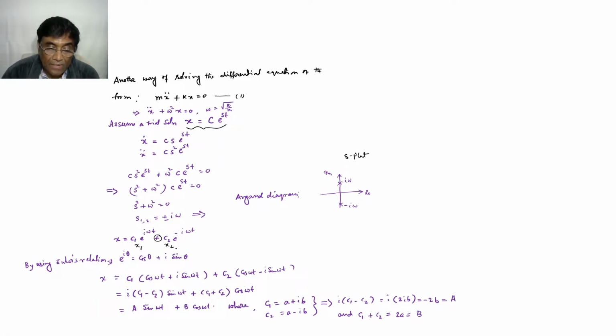Had it not been linear, then we would not be able to write this as the solution. So this is a very important observation. I think it is clear, right?